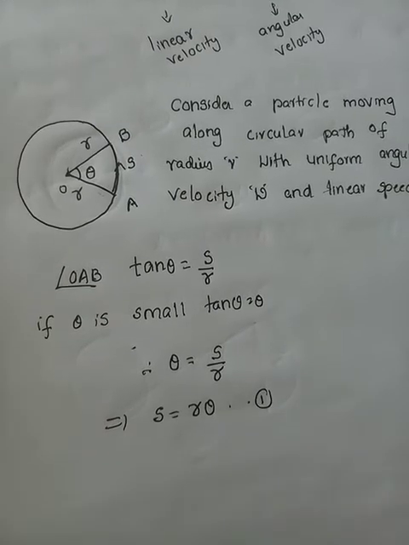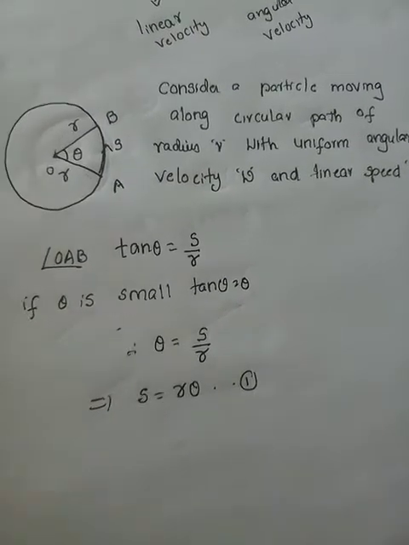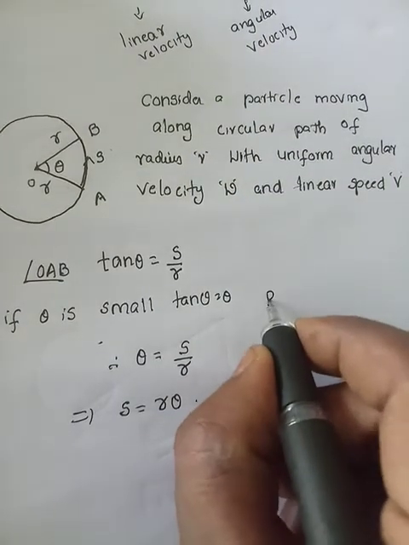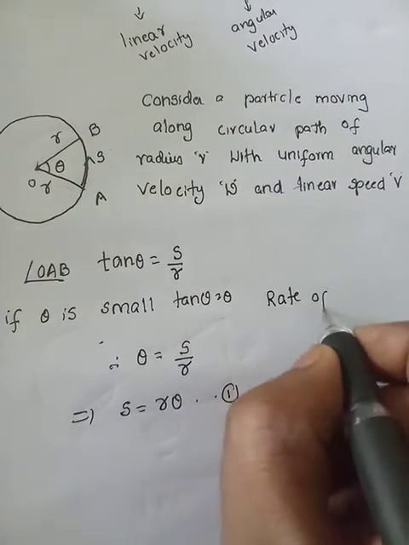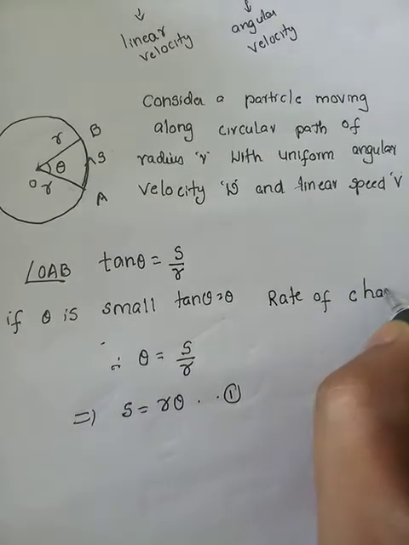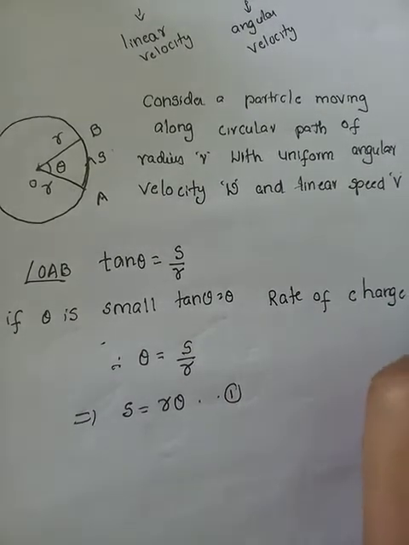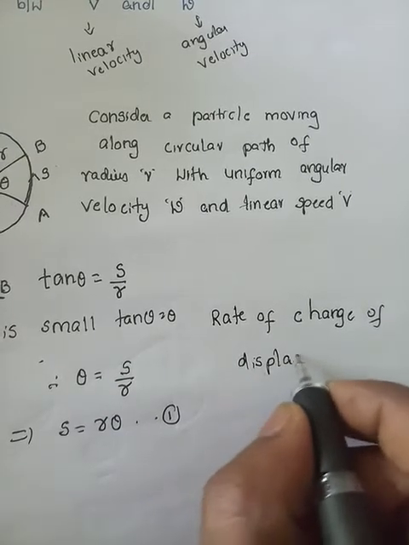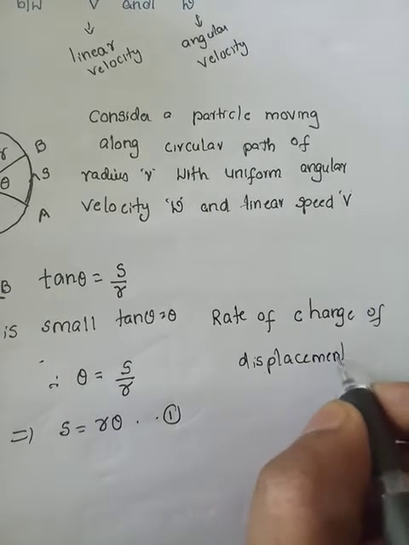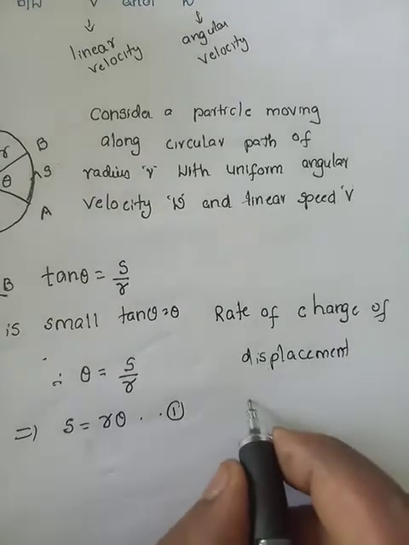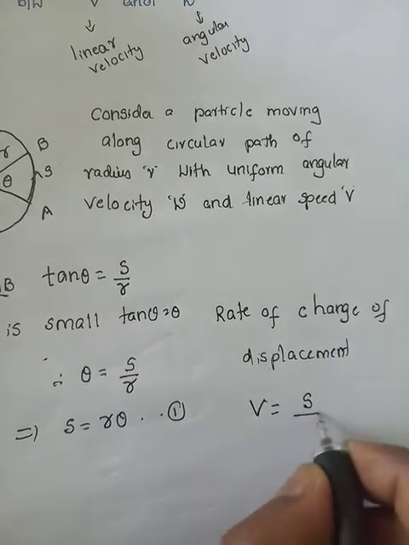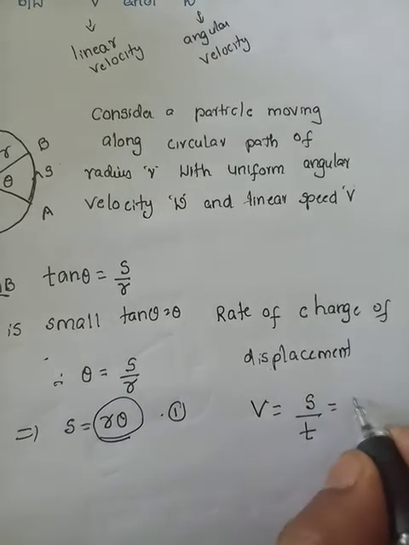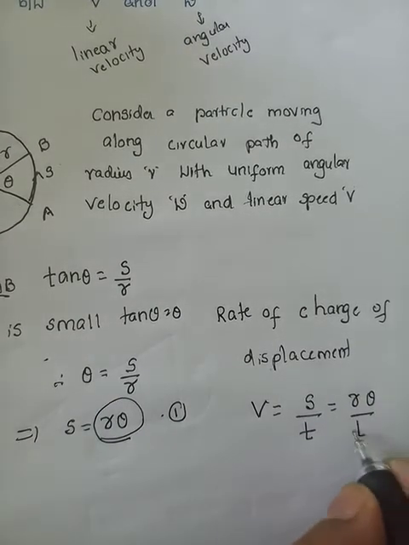Okay. Now, as we know, the rate of change of displacement, what I am doing here is differentiating on both sides, we know that is velocity, right. v is equal to s by t. What is s? r theta, right, r theta by t.